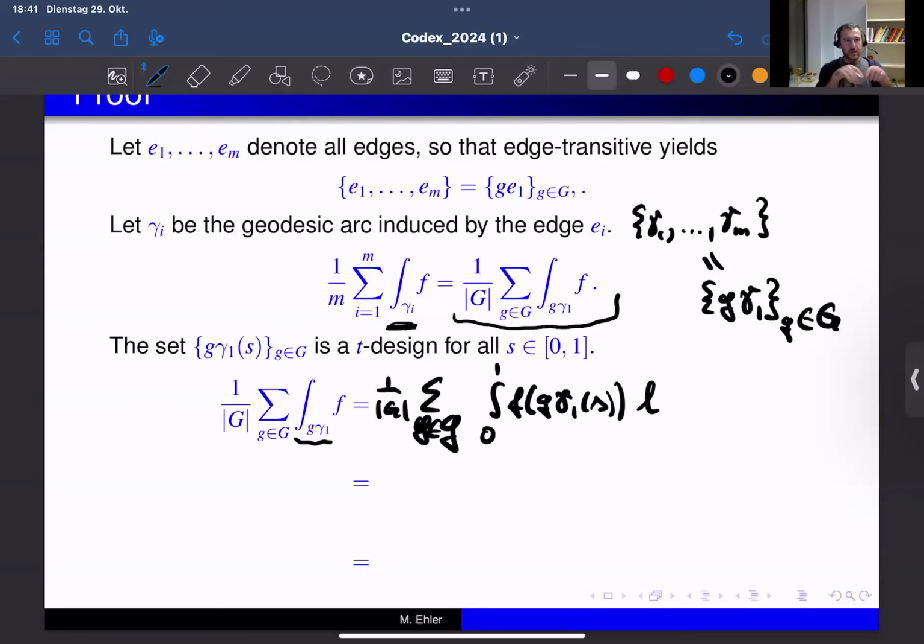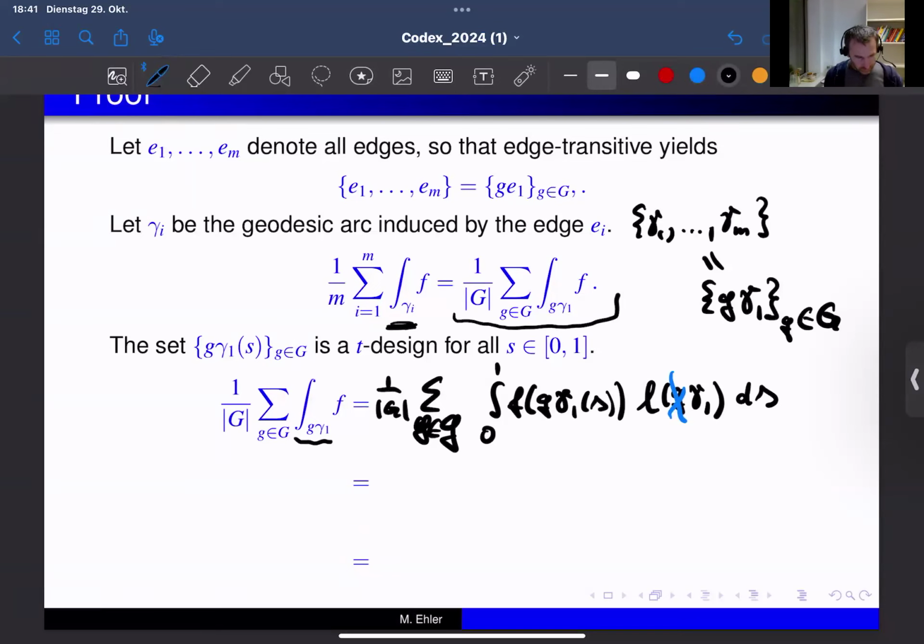But because the arc is parameterized with constant speed, I have to multiply by the length of G gamma 1, ds. Now the length of G gamma 1 is the same as the length of gamma 1, so this G doesn't matter.